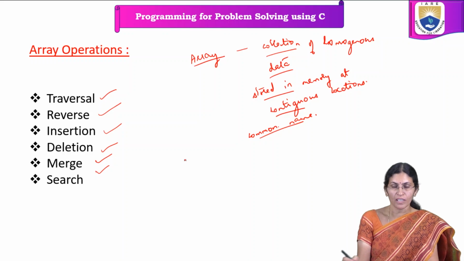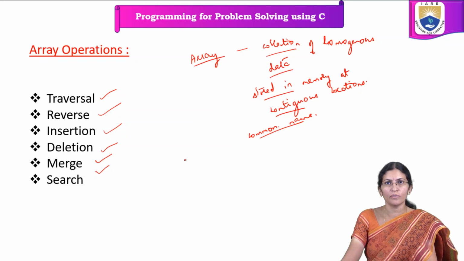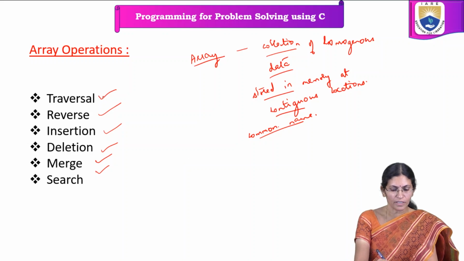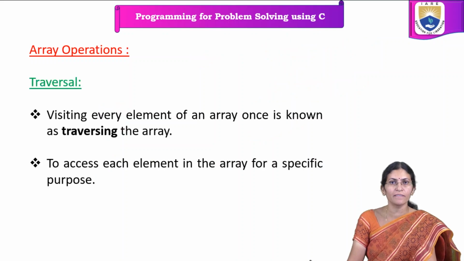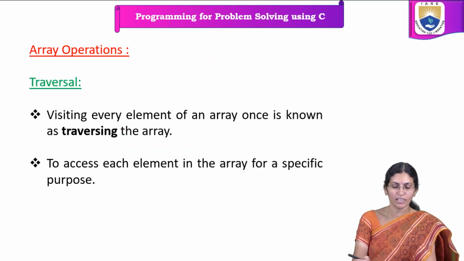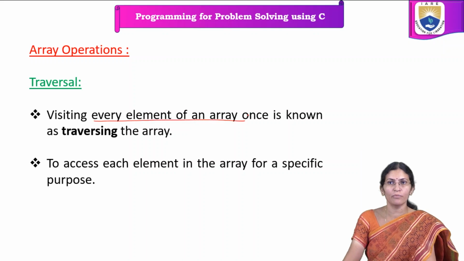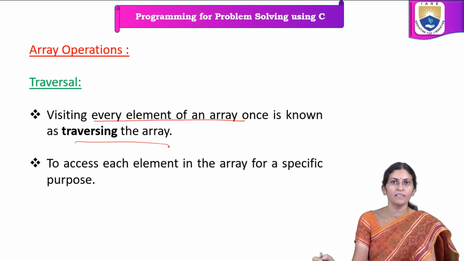We have seen how to declare an array, how to initialize an array, and also how to access each element in the array. First one we will see about traversal operation. Traversal operation is nothing but visiting every element of an array once, which is known as traversing the array.